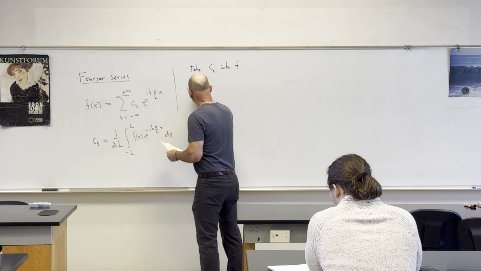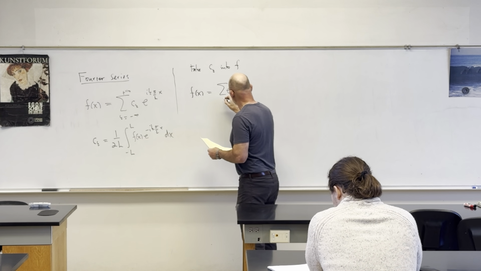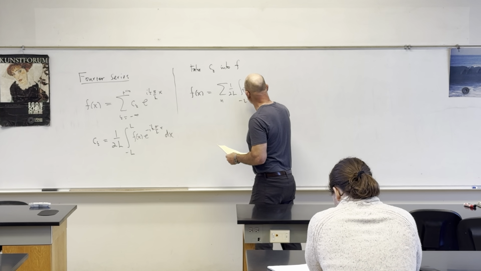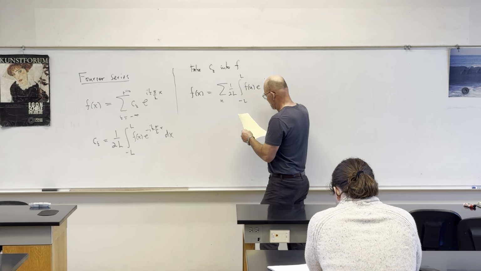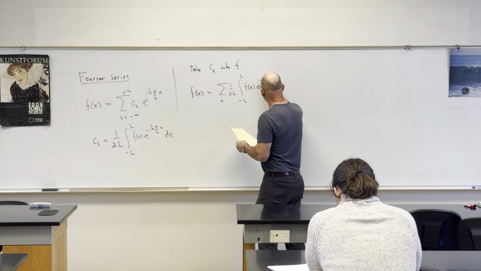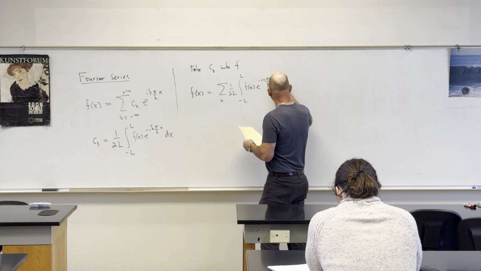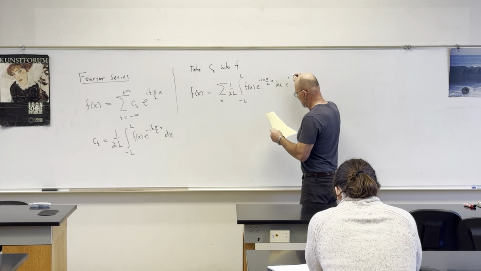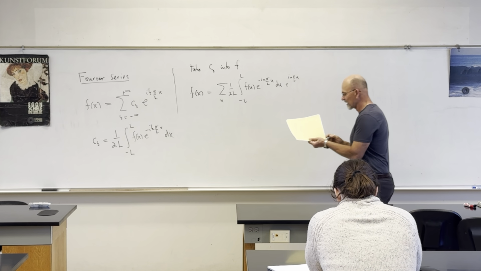We're going to get the following: f of x equals, I'm going to use summation index n, 1 over 2L, integral from minus L to positive L, f of u, e to the minus i n pi over L u du, e to the i n pi over L x.